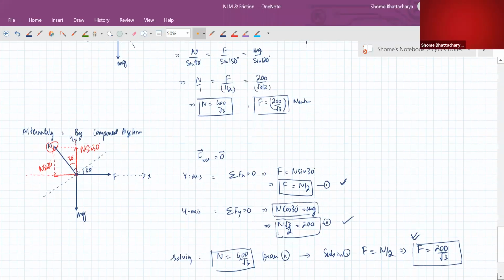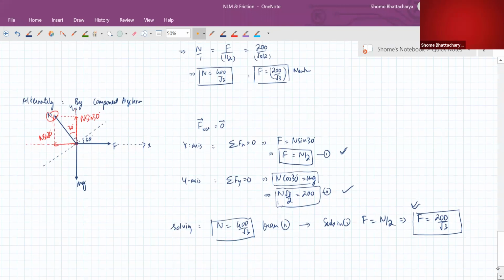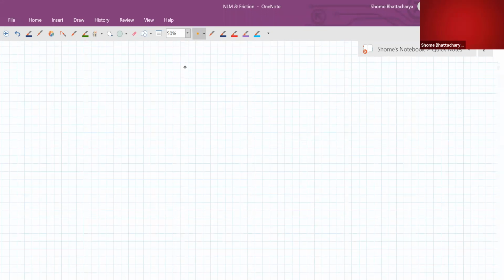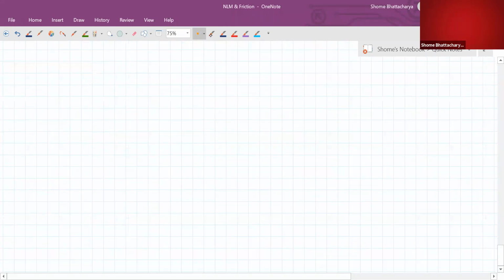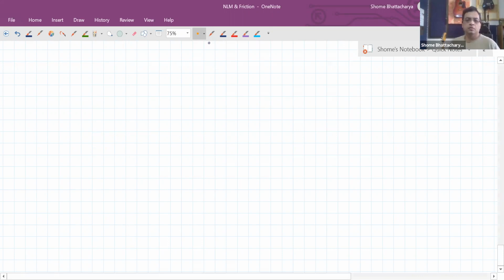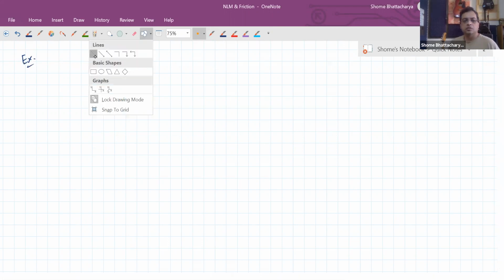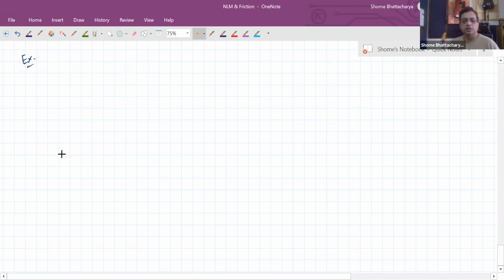Okay, so these are a couple of basic examples. Now let us pick up something which involves pulleys and tension in a thread, etc. So let's look at a situation like this.